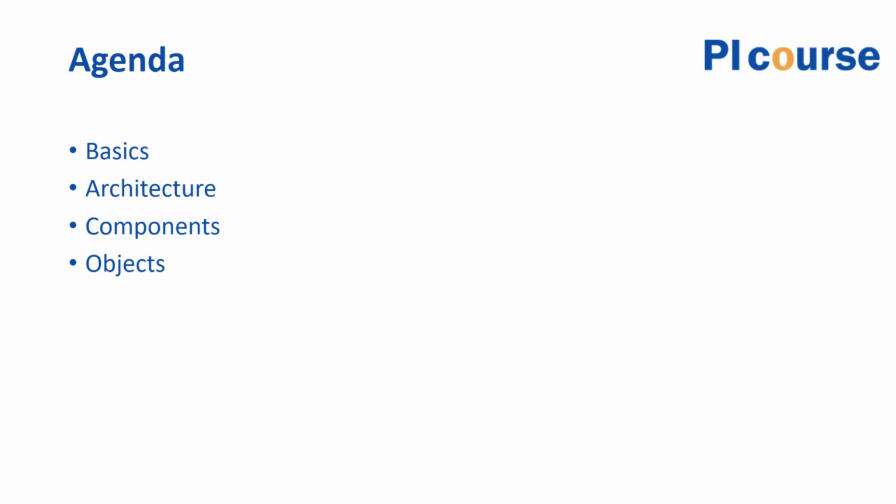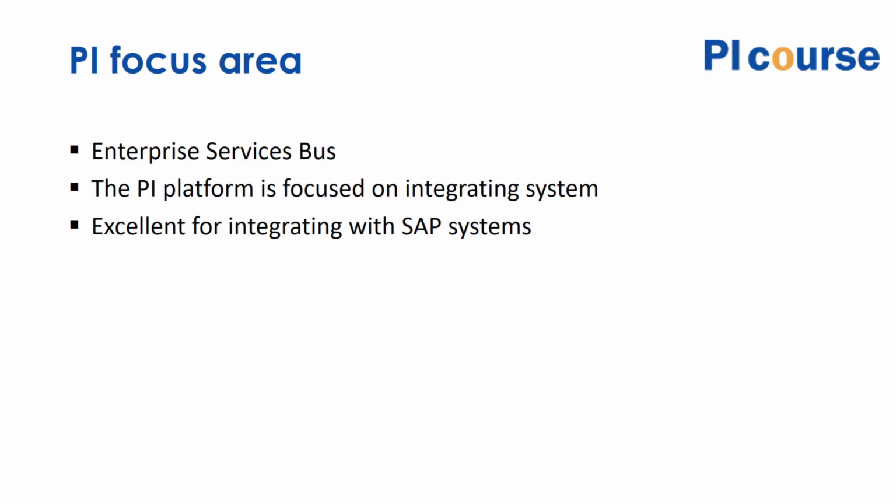We're talking about what is the architecture we're having, what are the components involved in this, and then we'd have a look at what are the objects we have. So it's a lot of things to cover, but keep in mind all of these would be covered in more detail in the later chapters. But you need this overview about understanding all the things, otherwise it'll be a little too complex to understand what's going on.